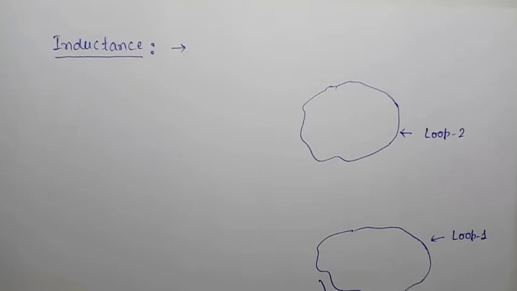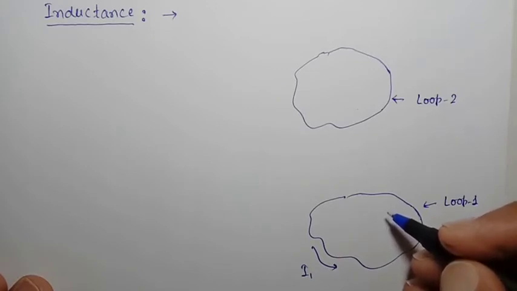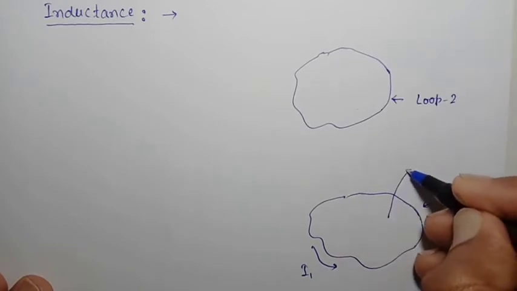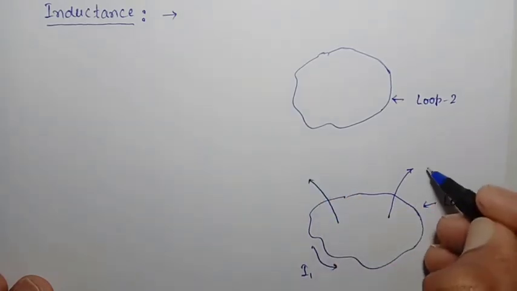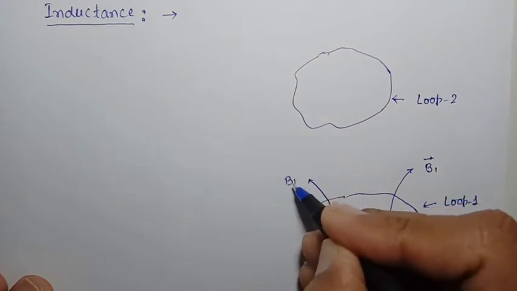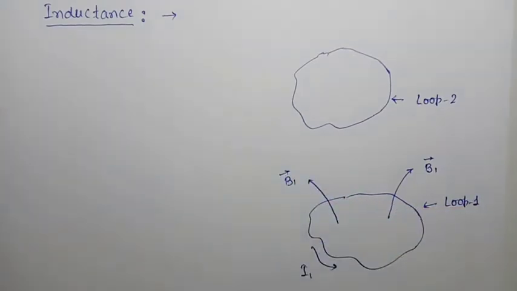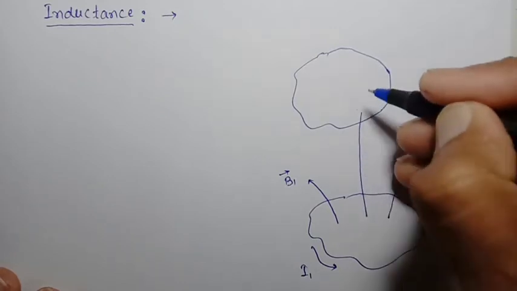So when steady current I1 flows through this loop, it produces a magnetic field. Suppose this is B1. Then some lines of magnetic field also pass through loop 2.